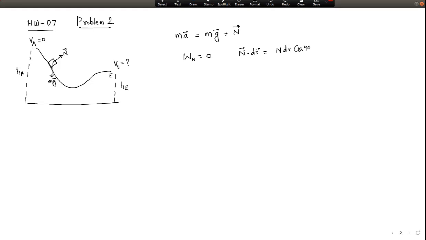The normal force is perpendicular to the displacement on the surface. So that's equal to zero without worrying about what exactly is the magnitude of the normal force.